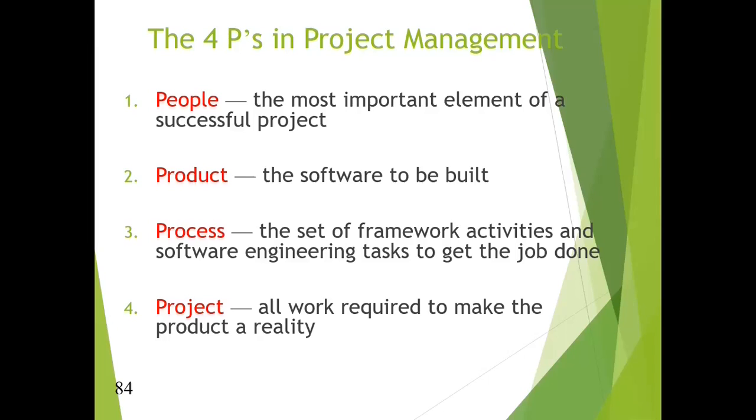Process is the set of frameworks, activities, and software engineering tasks to get the job done. The final P is project, all the work required to make the product real. So those are the 4 P's in project management.